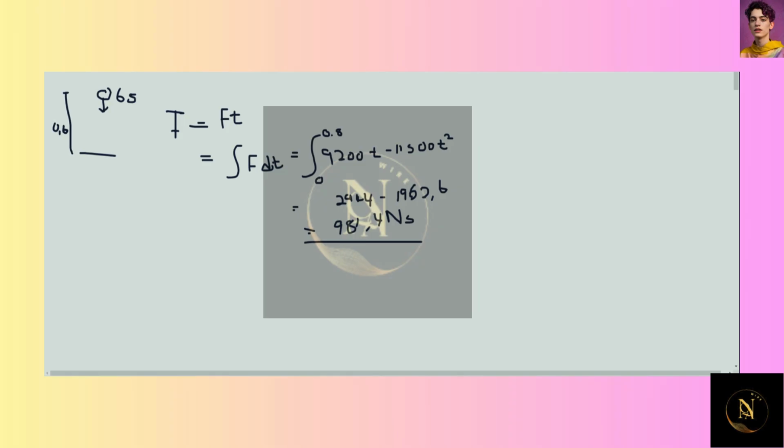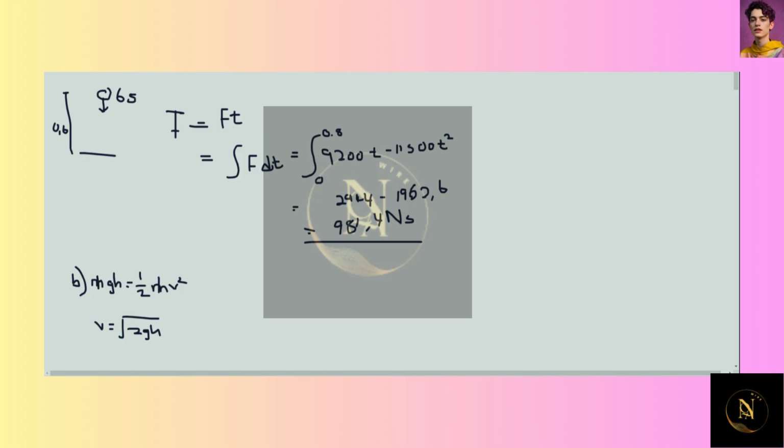I like to use energy equations, but you can also use kinematics with this. If you want to use energy equations, you can say that the potential energy that the athlete has at the top should be equal to the kinetic energy that this person will have once they reach the bottom. This equation will help you come up with an expression for the velocity, which is just the square root of 2 times g times h.